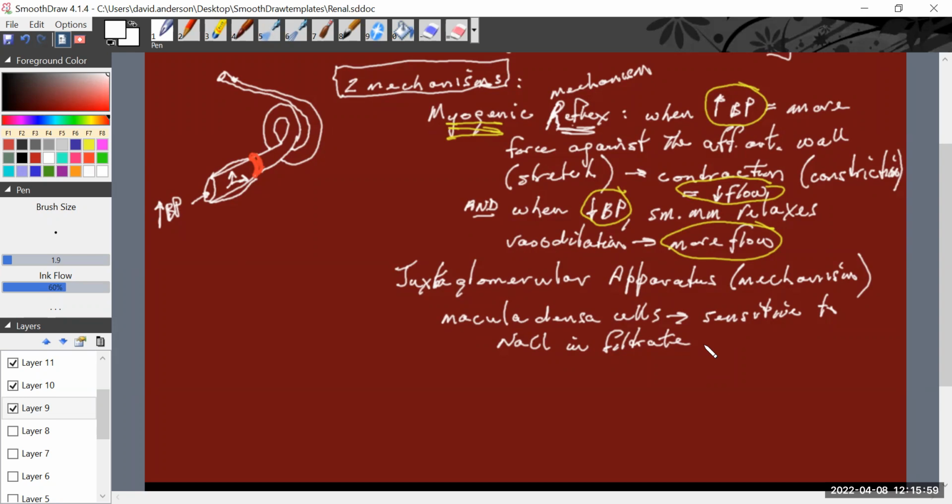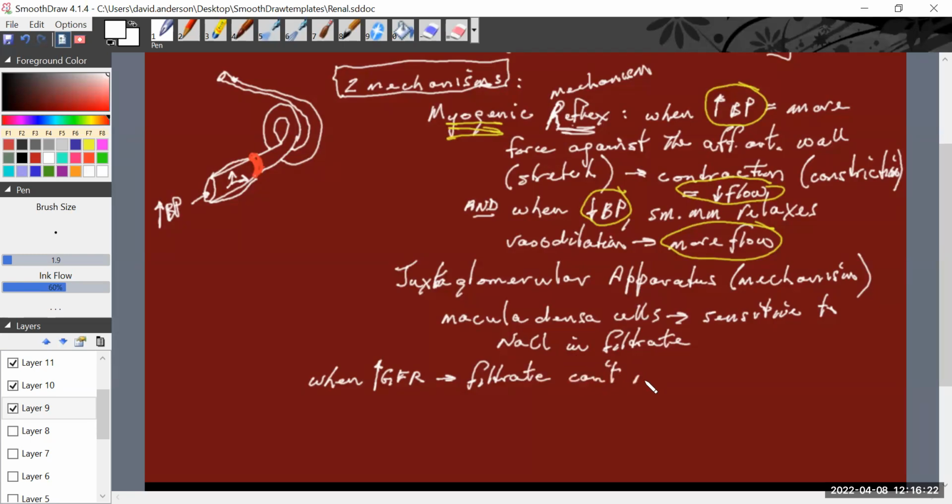So if we can write it out this way, when GFR is high, filtrate passes through the tubular system too fast, so we don't get adequate reabsorption.